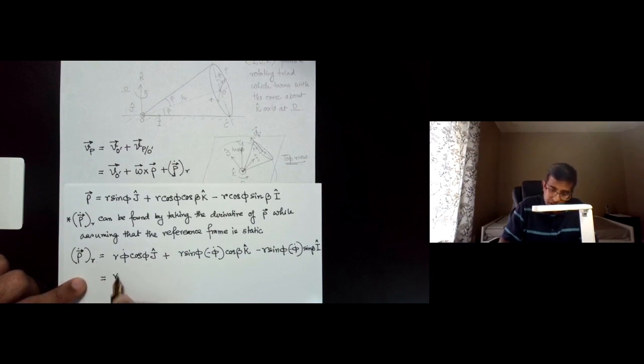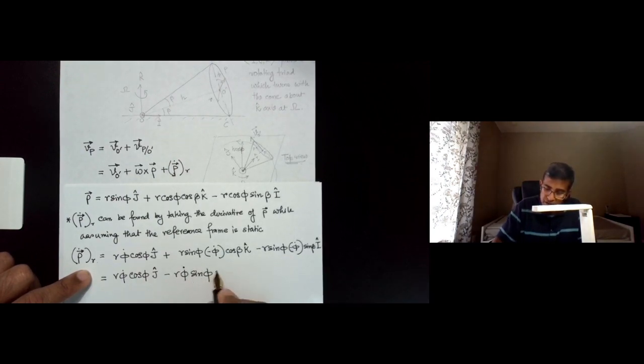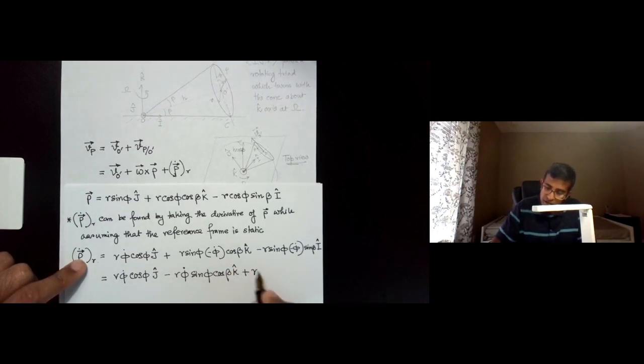So we have r phi dot cosine phi j minus r phi dot sine phi cosine beta k plus r phi dot sine phi sine beta i.